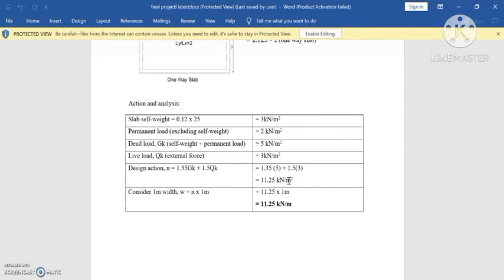These forces are on opposite sides, meaning it works horizontally or vertically only. And from here, for the one-way slab, we know that this force works in the vertical direction. So we need to multiply with the width to get kilonewton per meter.